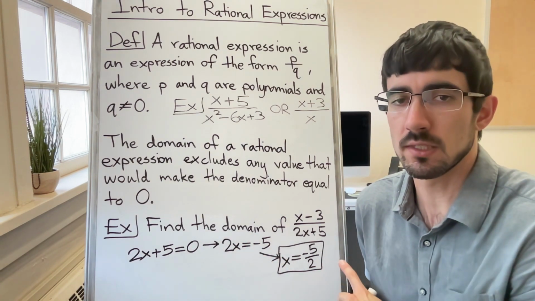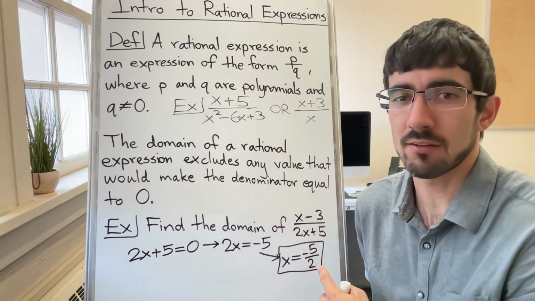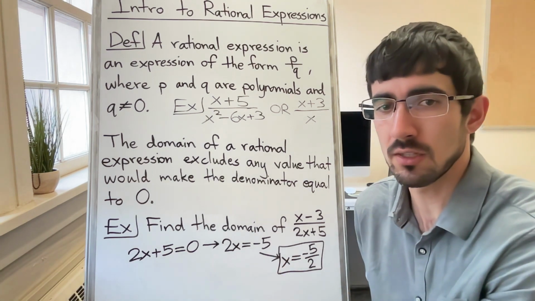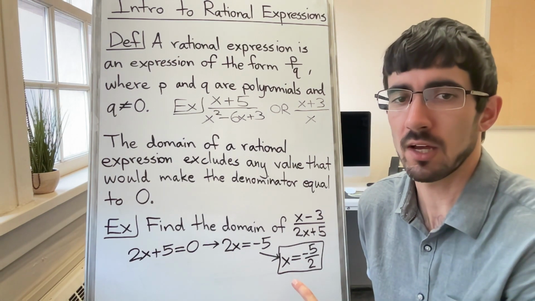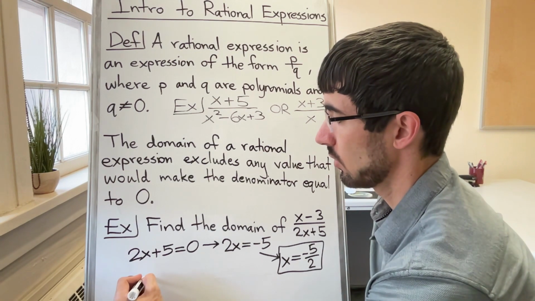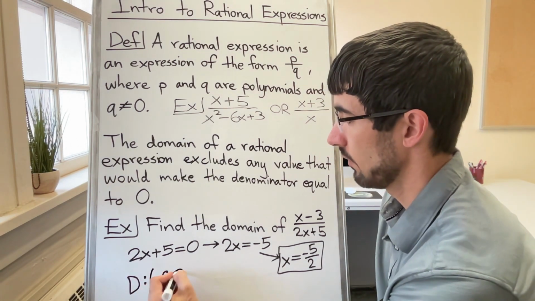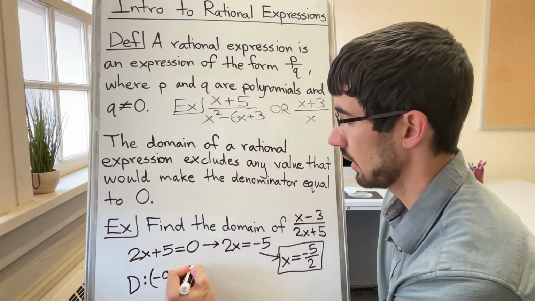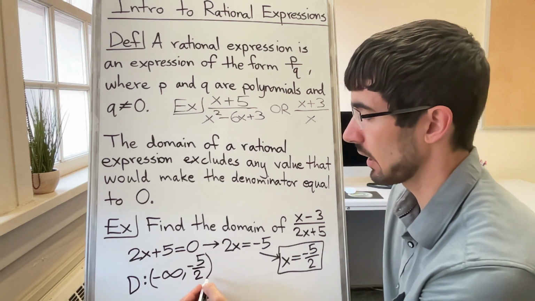All right, so this is not the only value allowed in the domain. This is the x value that is not allowed in the domain. The domain is everything else except this value. To write that in interval notation, I would say that the domain is from negative infinity all the way up to negative 5 halves. This means anything less than negative 5 halves.